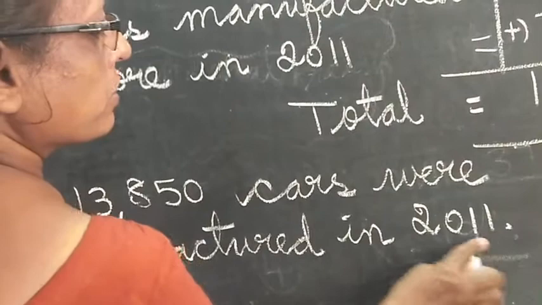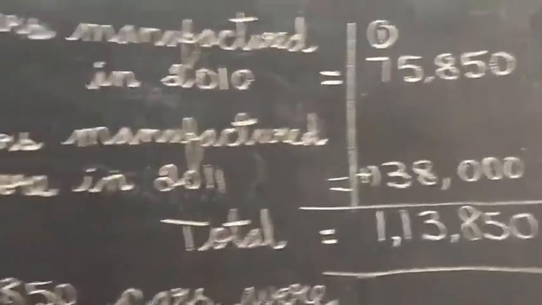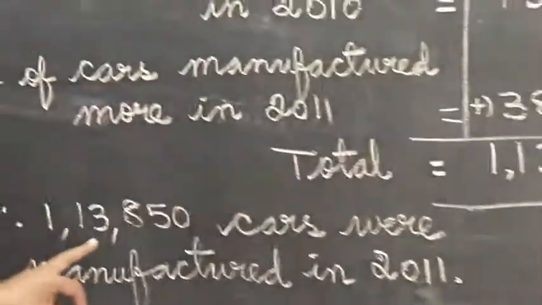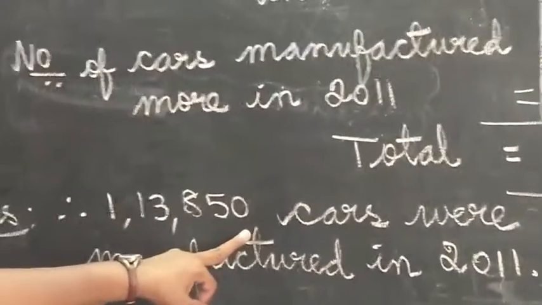Okay, children. So in 2010 they manufactured 75,850 and in 2011 they manufactured 1,13,850. Understood, children? Okay, you should not get confused.